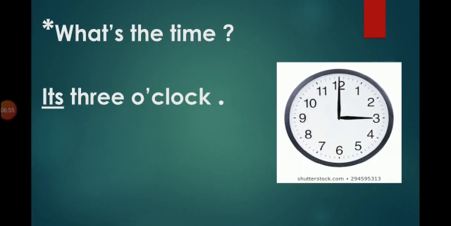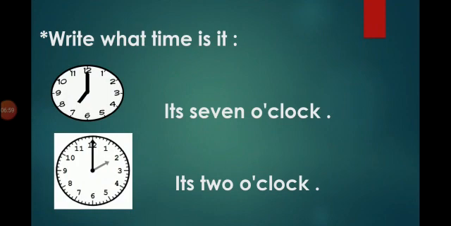So it's 3 o'clock. Look at this picture. I see that the big hand is on the 12, that means seven o'clock. The second thing is to put it at the beginning of the sentence. So it's 7 o'clock.